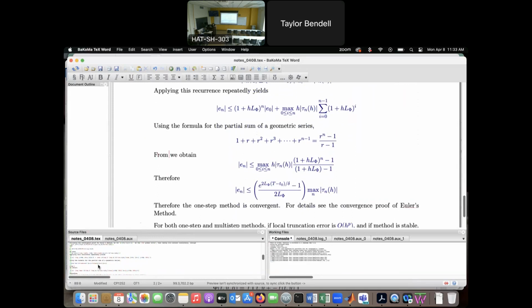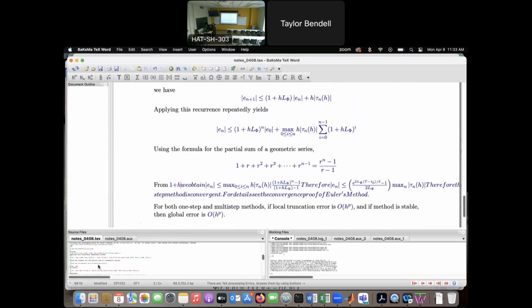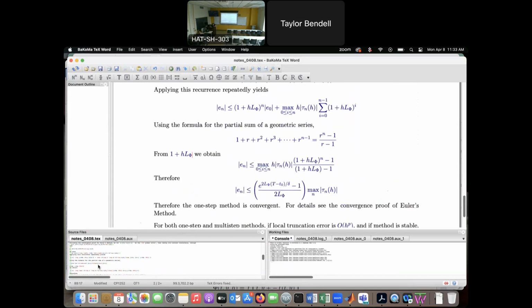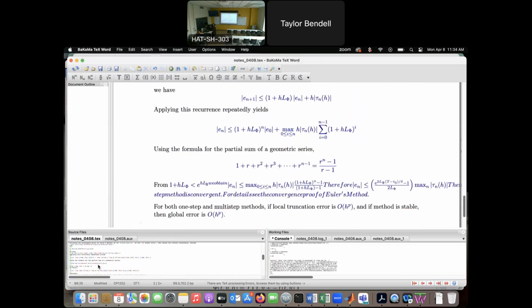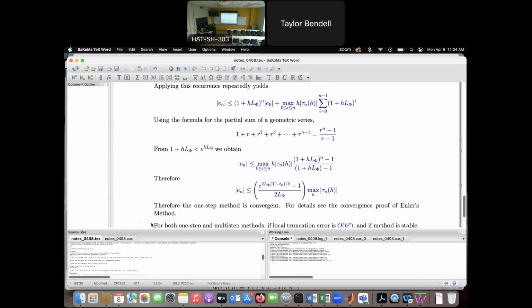Also, we have 1 plus HL phi, and that is less than e, the exponential of HL phi, because this part is just the first two terms of the Taylor expansion of the exponential. And HL phi is positive, so we know that this is a strict lower bound.